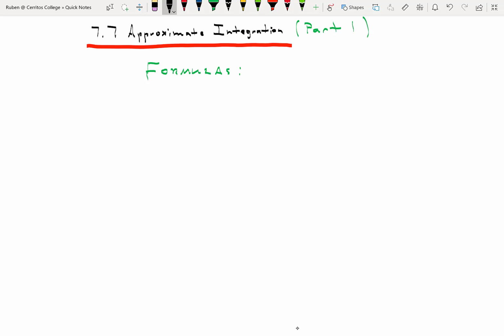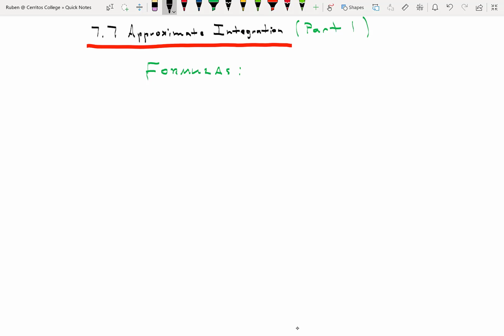I'd like to put this section in a framework in terms of where it falls into place in your math learning for science courses. The first part of this chapter, sections 7.1 up to now, involves finding antiderivatives of functions, a very important list of formulas.